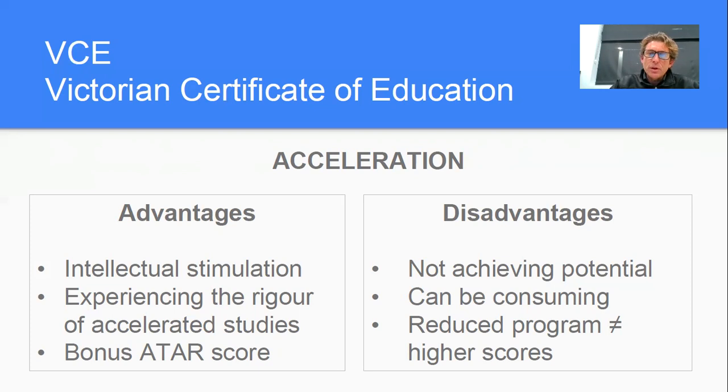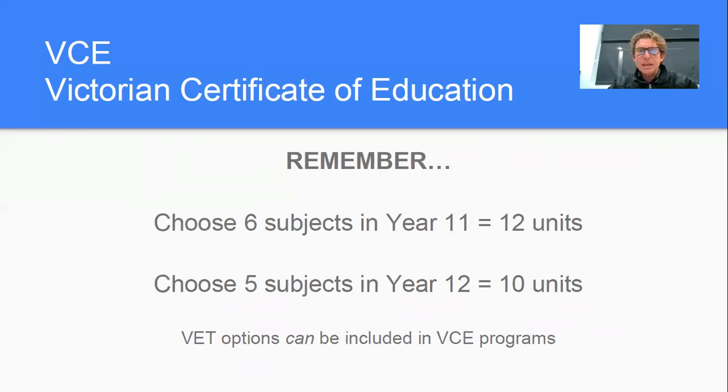The other thing is that we do not choose acceleration to reduce workload later on, because our anecdotal evidence is that it doesn't actually work. So, like I said, we'd still keep those 6 subjects at year 11 and 5 in year 12, even if you are accelerating.